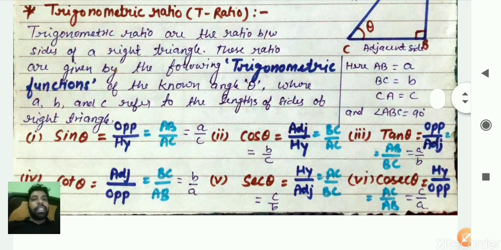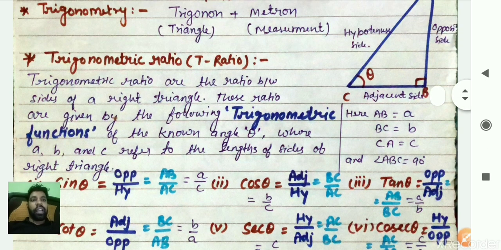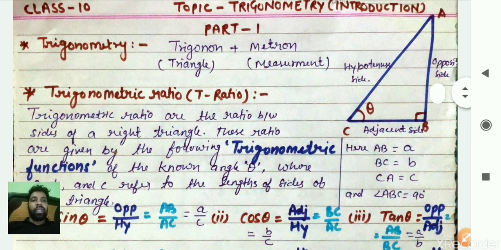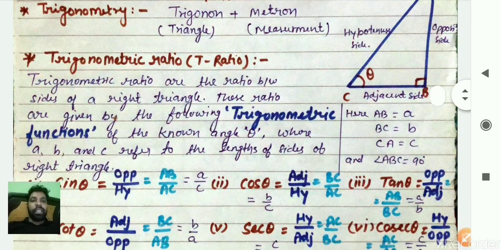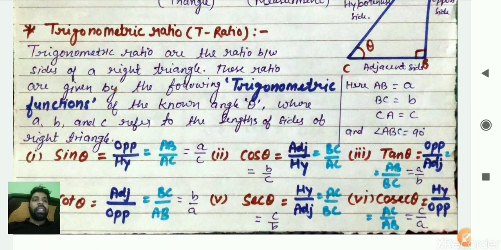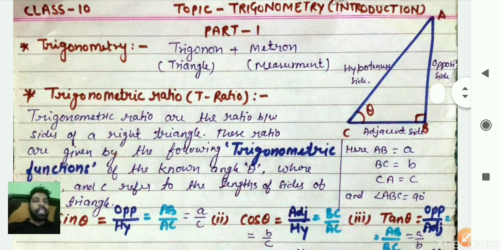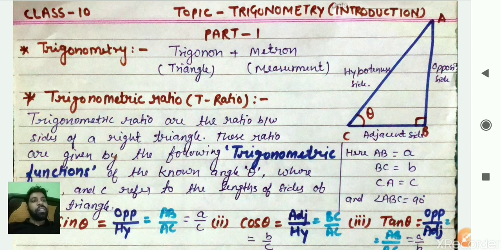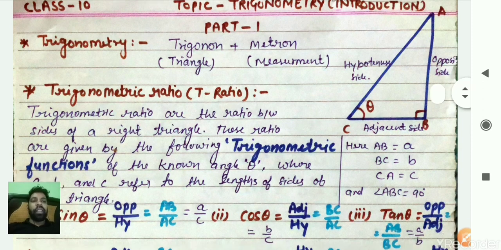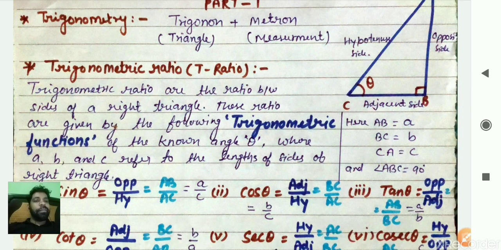So sine theta is the ratio of the opposite side to the hypotenuse, which, referring to the figure, triangle ABC, can be written as AB by AC, and in terms of their lengths it can be written as a by c. Similarly, cos theta is the ratio of the adjacent side to the hypotenuse, which can be written as BC by AC.